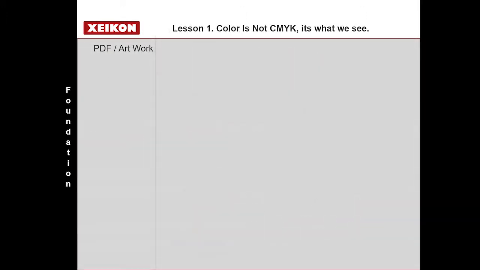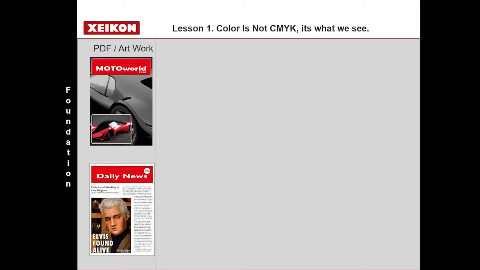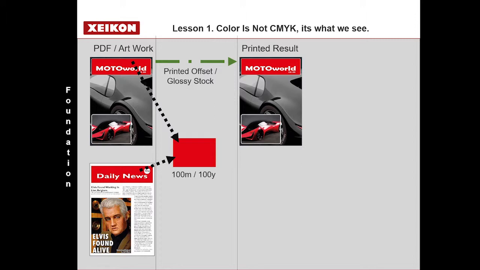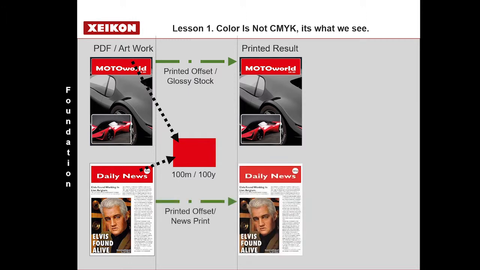Well, the first thing we have to break is this concept of CMYK is colour. So let me try to illustrate this in a very simple manner. We have two pieces of artwork, and you see there is the red header on top of each of them, and they're constructed in the artwork using the same CMY separation, 100, 100. I would call this process red. And then we print this separation in an offset environment on glossy stock, and then we print in a newspaper environment on news stock.